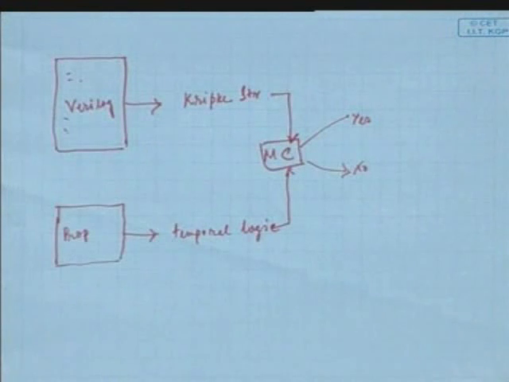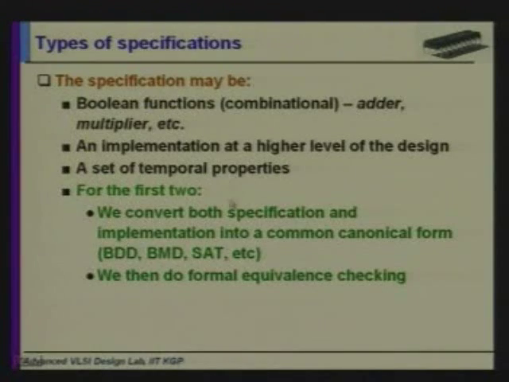The third way is to specify a set of temporal properties and check whether this set of properties is satisfied by the implementation or not. For the first two, what we do is basically convert those two things, either a higher level design and the implementation, to a common platform.